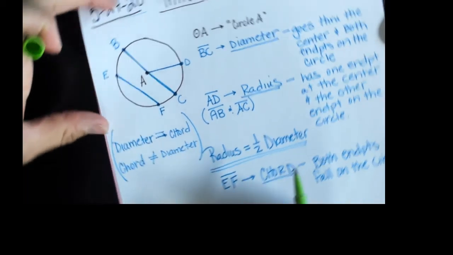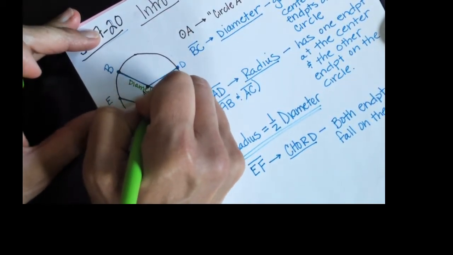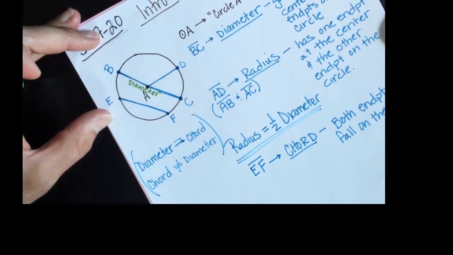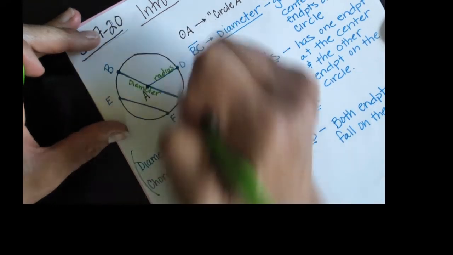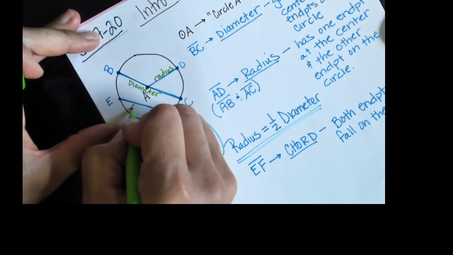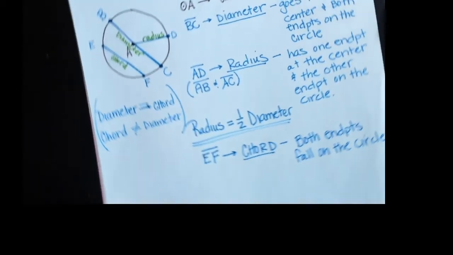And I am going to label these very quickly just so you have them. My diameter goes all the way across. The radius is just half of that. And then our chord, again, very much like a diameter, but does not go through the center.